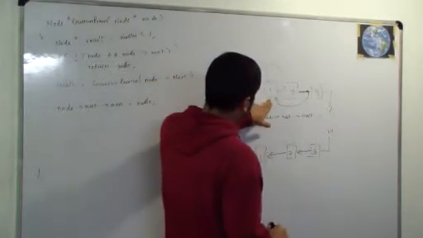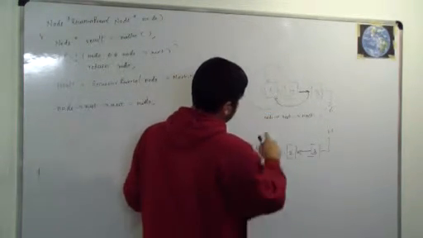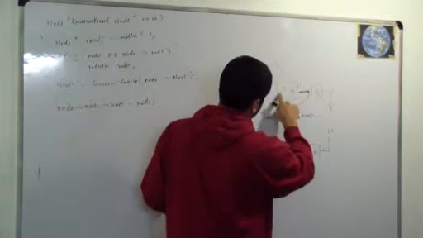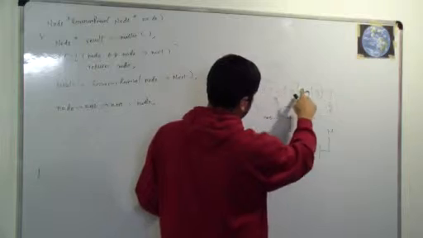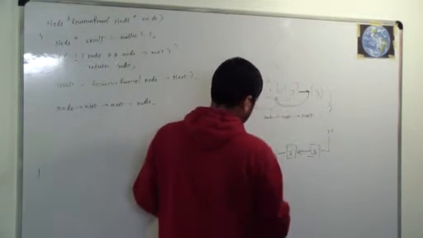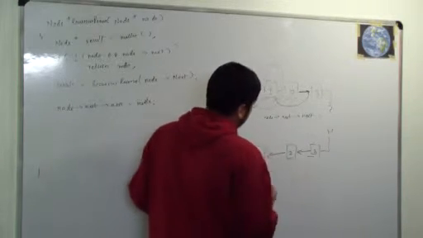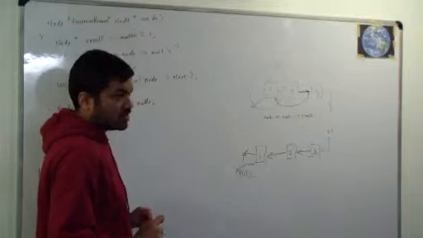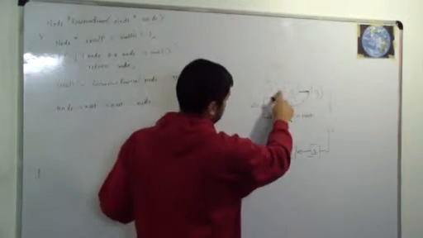So there are two things that need to happen here. One is this guy's next, I have to handle. Where will this next be? Null. And somebody has to start pointing to this. Who is that person? It's the node next.